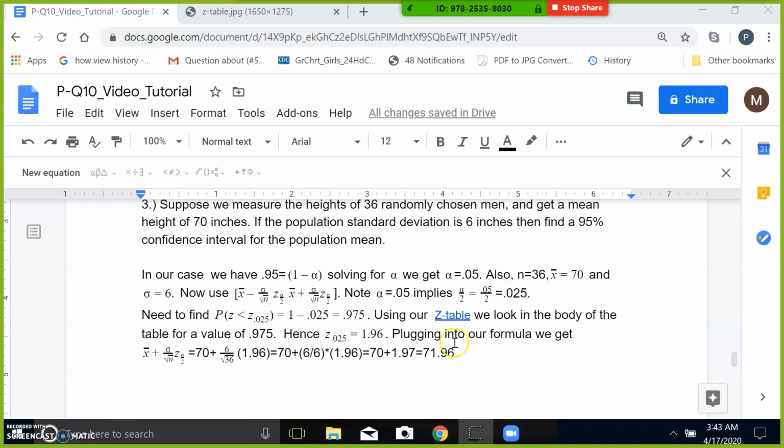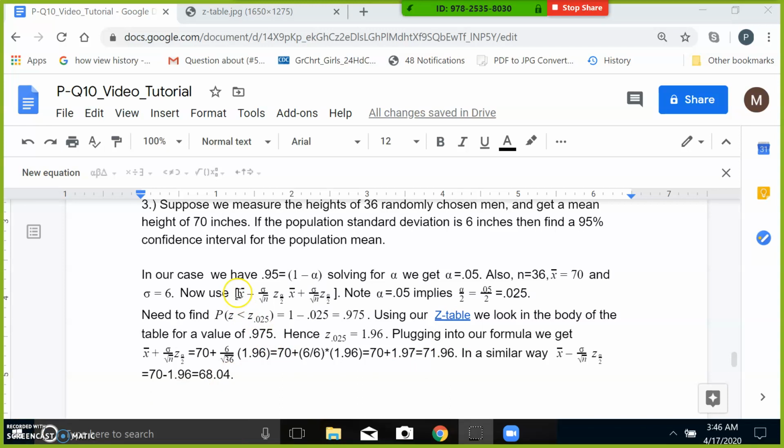Next, in a similar way, making the substitutions, it's basically going to be just 70 minus 1.96. So it's going to end up being 68.04. Okay, so we found our interval.